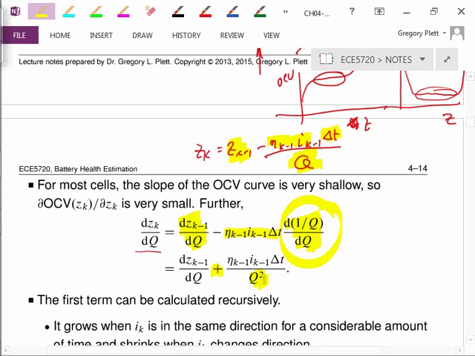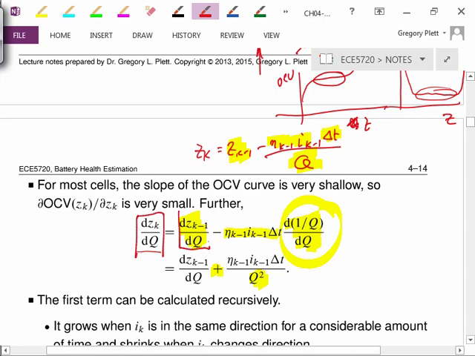And the first term is, notice that and that are the same thing at different time instants. So this is something that we would calculate recursively. We would initialize dz0 by dQ equals something, and then we would update it if we wanted to compute the sensitivity with respect to time.